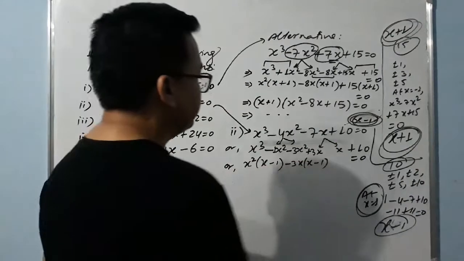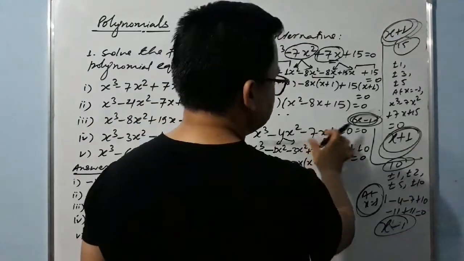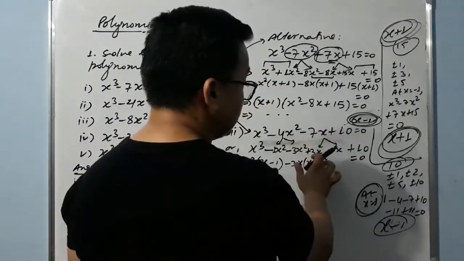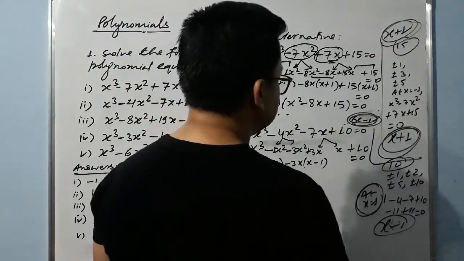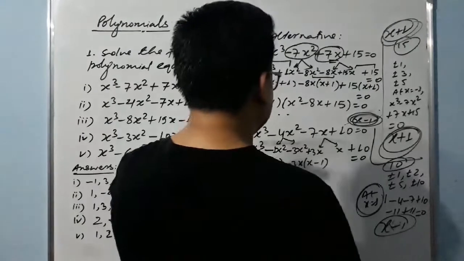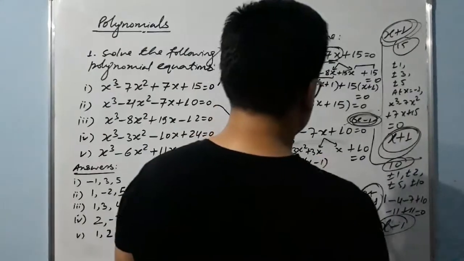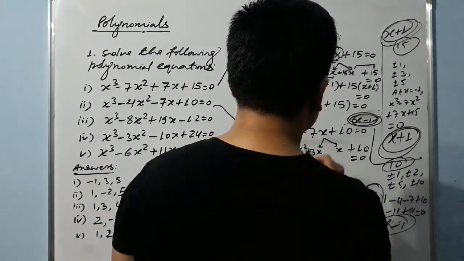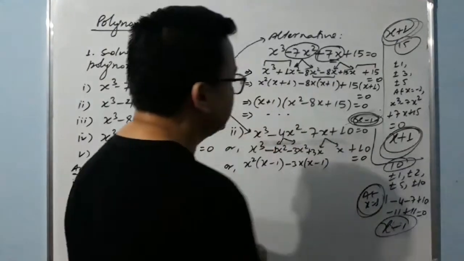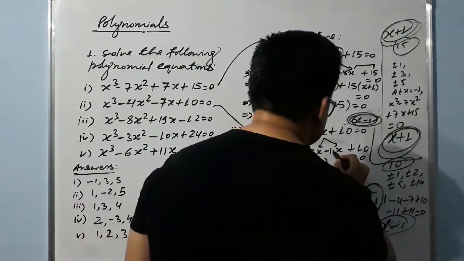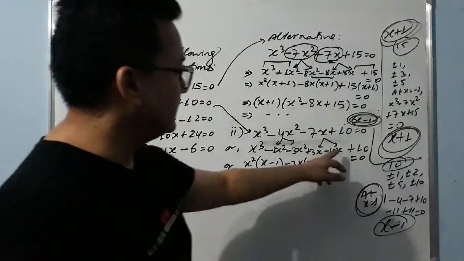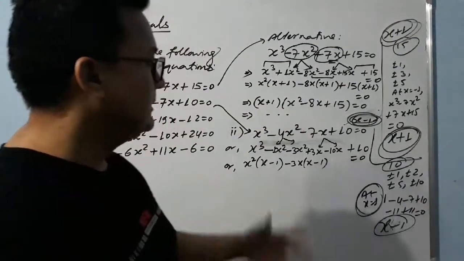Now, out of minus 7x, I have written 3x here, plus 3x. So how much do we need to write here? Here we need minus 7x, so to get minus 7x, we need minus 10x. Minus 10x plus 3x means minus 7x.